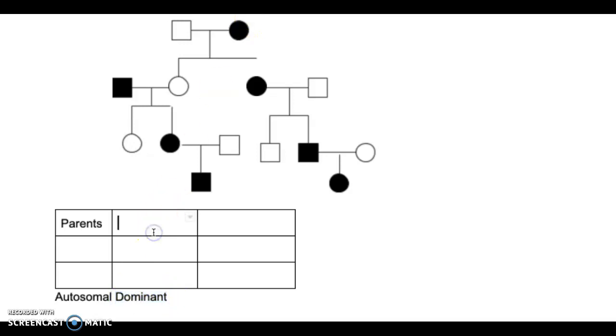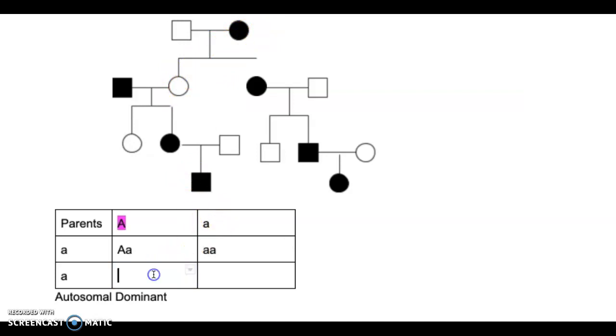All right, we've got a mum who is showing the trait here. And we've got a dad who is not showing the trait. What are the likelihoods? She's clearly got a daughter that is not infected. So that's how I knew she was heterozygous.